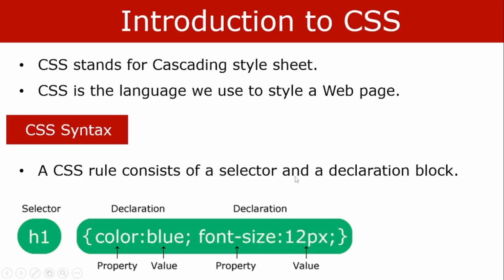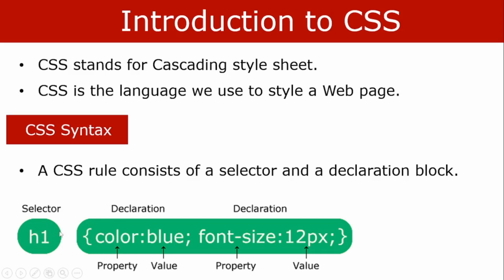When you look at the syntax of CSS, a CSS rule consists of a selector and a declaration block. In this image, I have a selector h1, and then a declaration block on this side. So the syntax looks like this.